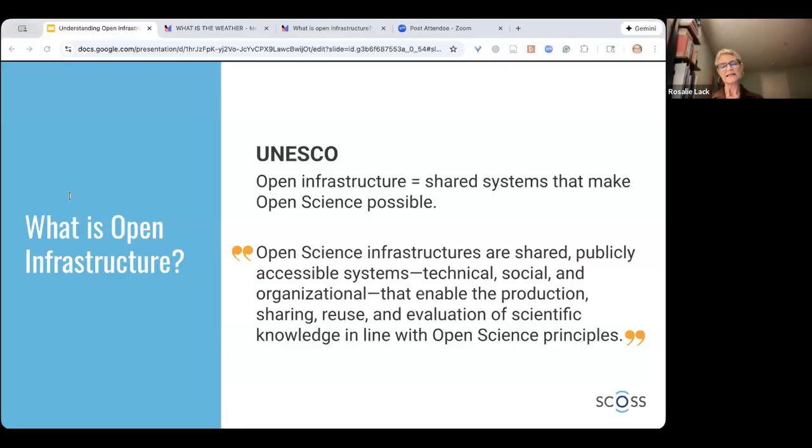So again, this idea that open science and open access need to be built on open infrastructure is very important here in this definition and clearly stated here.